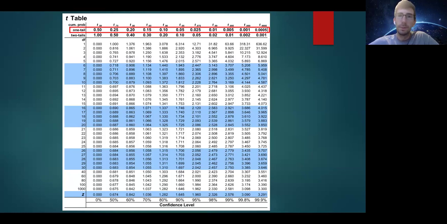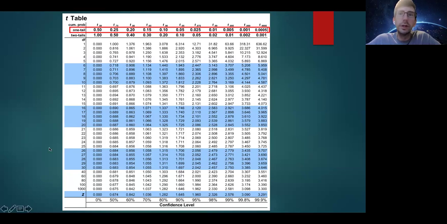Whenever the problem asked us for a 90% confidence interval, we found that one specific Z value in a previous video. I believe that was plus or minus 1.645. So no matter what the sample or from problem to problem, as long as it asked for a 90% confidence interval, we could always use that Z value. The normal distribution never changed. It was always the same.